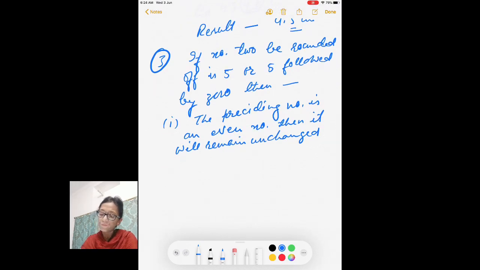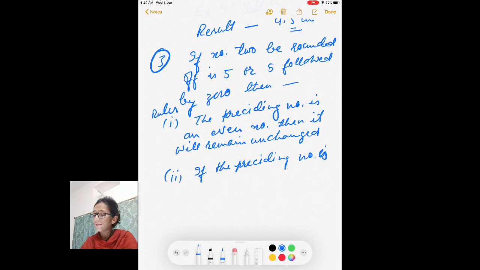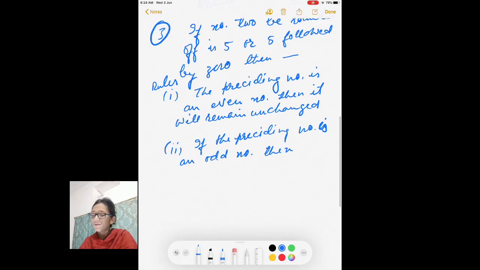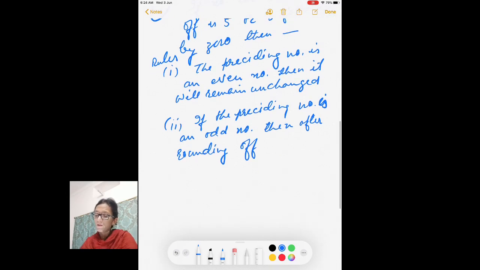Rule 2: if the preceding number is an odd number, then after rounding off, it will be increased by 1.